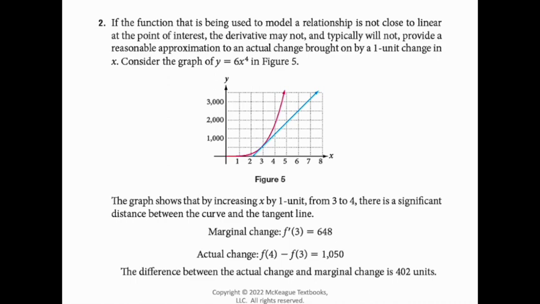If we, for example, are looking at a revenue function and we're looking at the graph, along the bottom, the x-axis, that is going to represent the number of items sold. And then on your y-axis, you're going to have the amount of revenue.